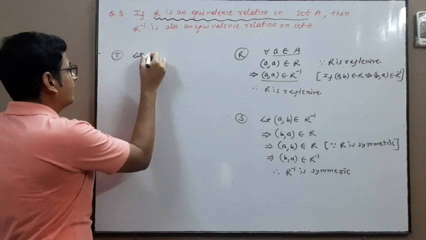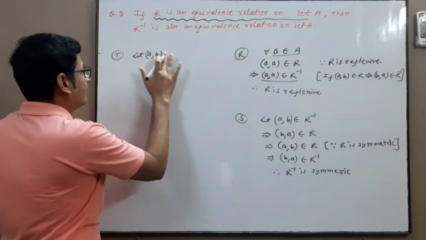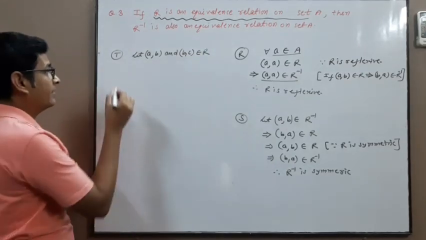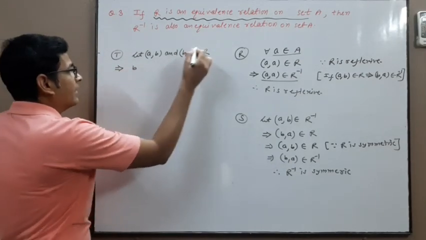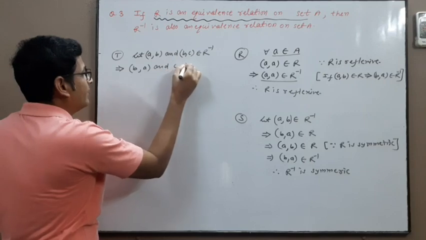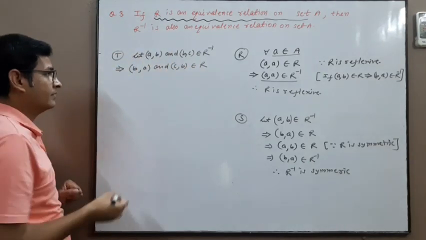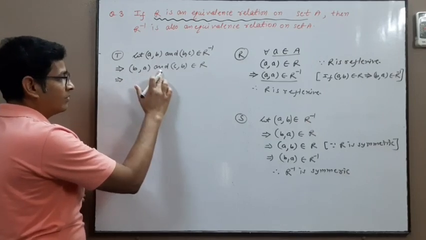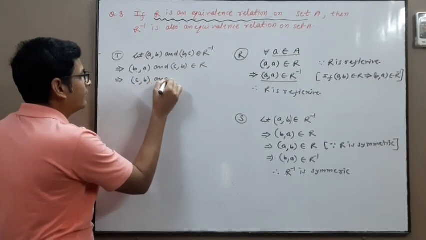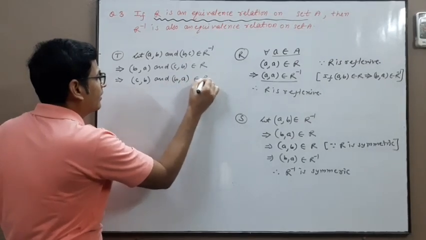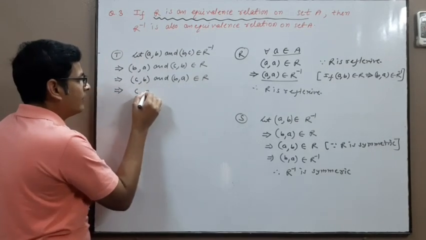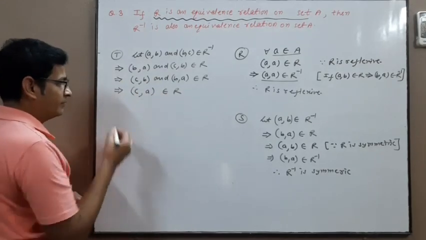So let (a, b) and (b, c) belong to relation R. Next step, in R inverse, (b, a) and (c, b) belong to relation R. And since there is no order, we can write (c, b) and (b, a) belong to R. But R is transitive. (c, b) and (b, a) belong to R, then (c, a) belongs to R because R is transitive.